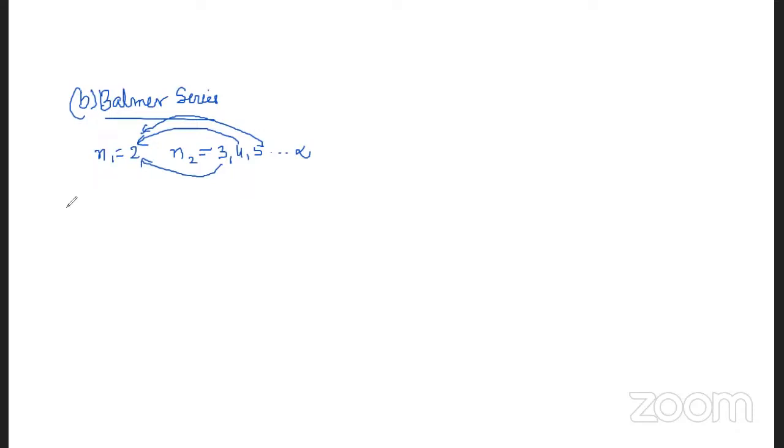If you take the first member in this case, n1 should be 2 and n2 should be 3. Again, using the formula 1 by lambda equals R into (1 by 2 squared minus 1 by 3 squared), if you calculate this, you get 5R by 36.